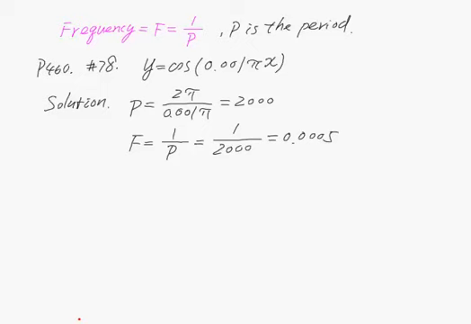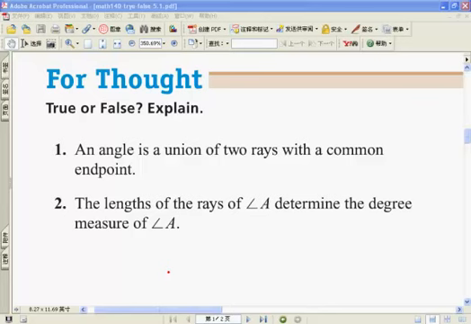We have done 3 sections in chapter 5, and let's do some true or false problems. Let's first look at the true or false problems of section 5.1. Number 1, an angle is a union of 2 rays with a common endpoint.